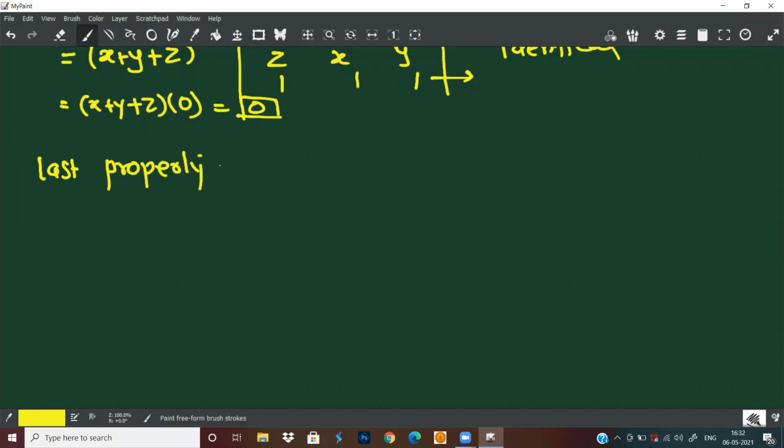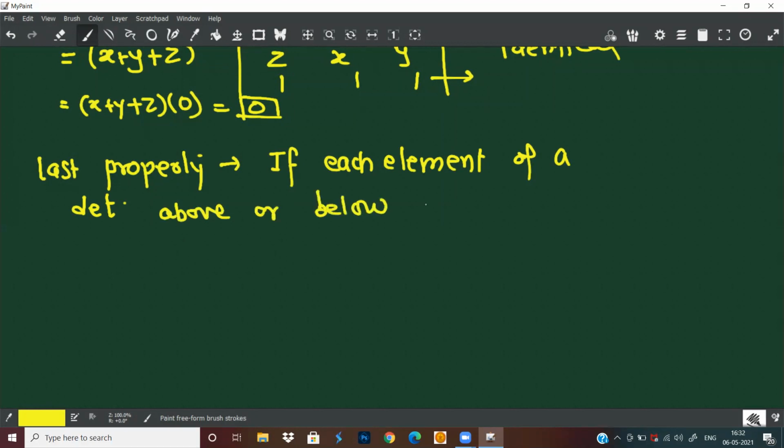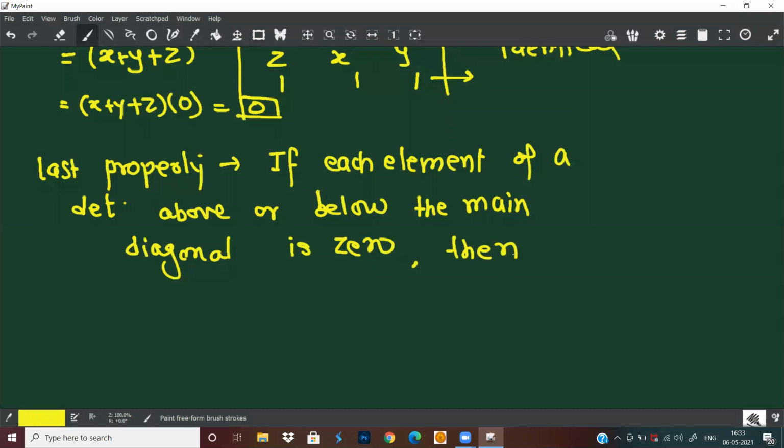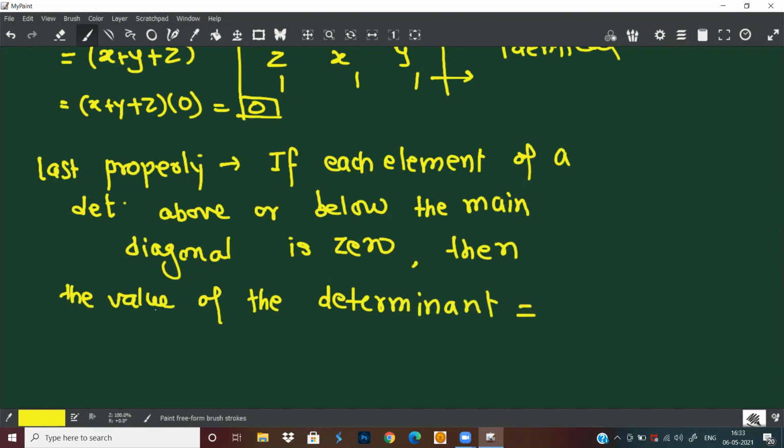The last property of the determinant is that if each element of a determinant above or below the main diagonal is 0, then, this property is good for MCQs, the value of the determinant is equal to the product of the diagonal elements.